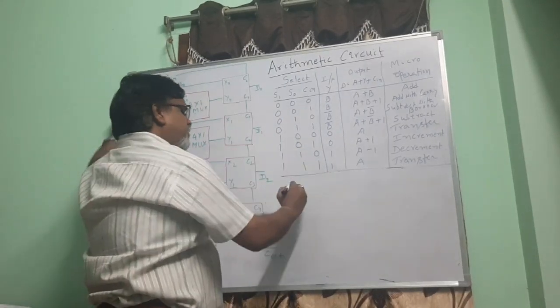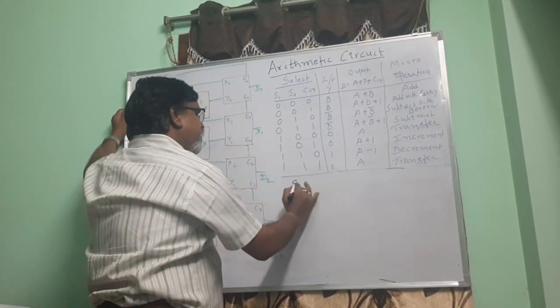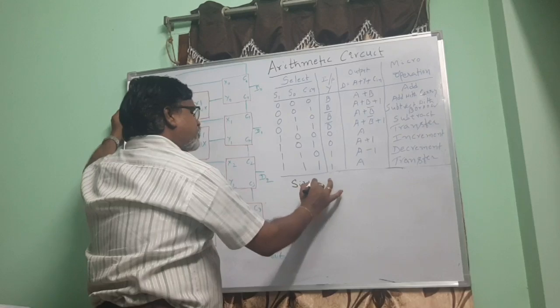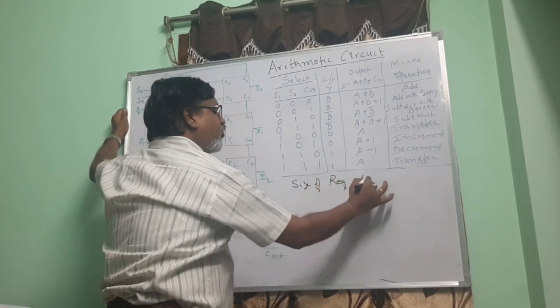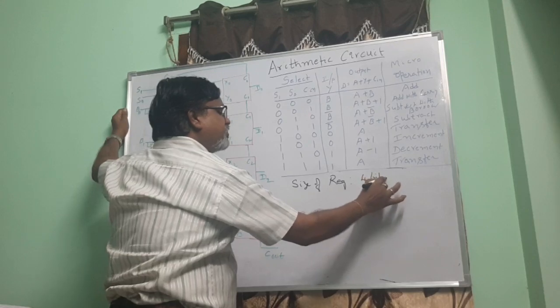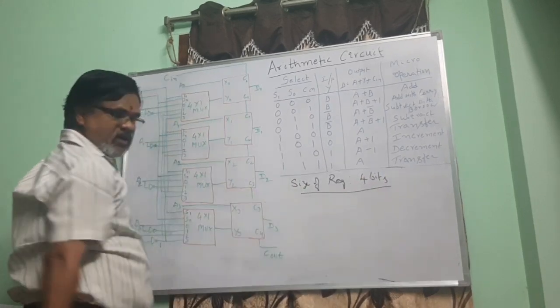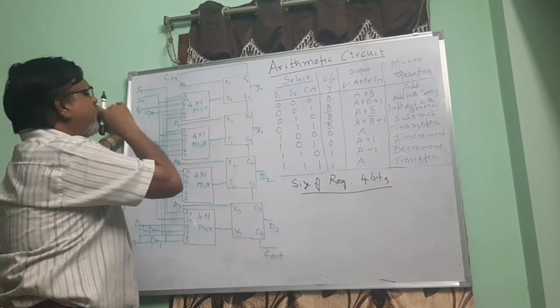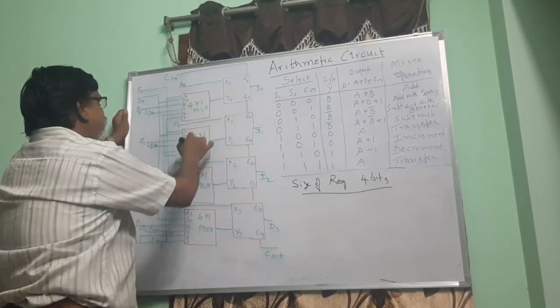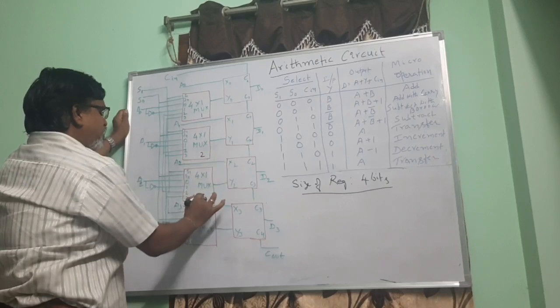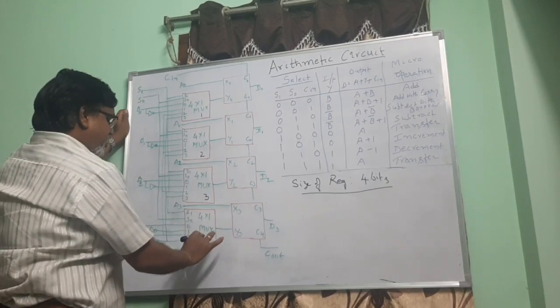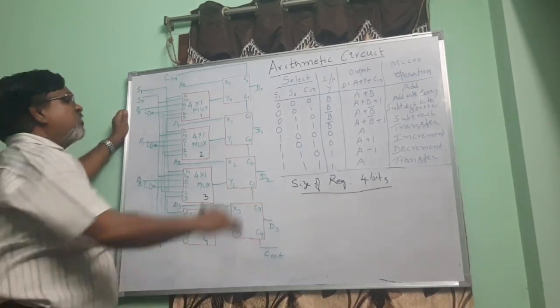Our assumption here is that the size of our register is 4 bits. Now 1, 2, 3, 4 multiplexers here.